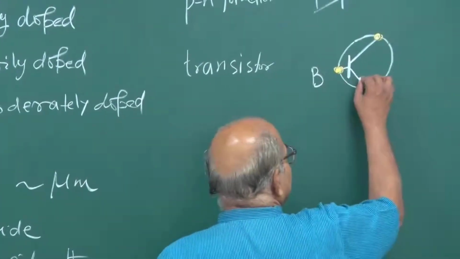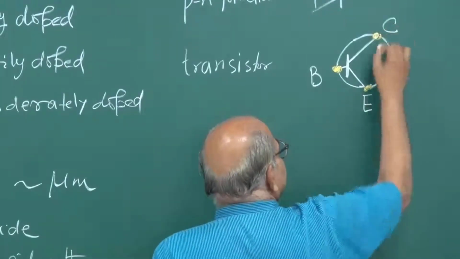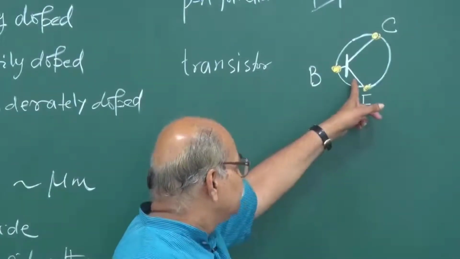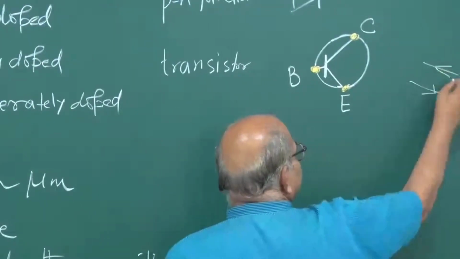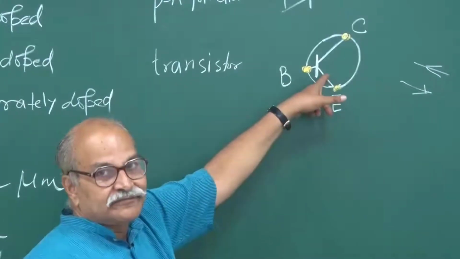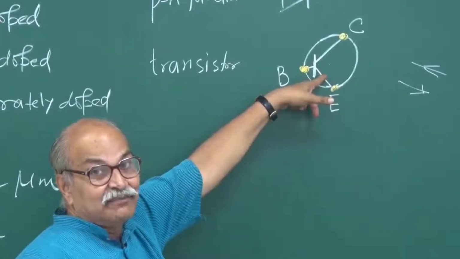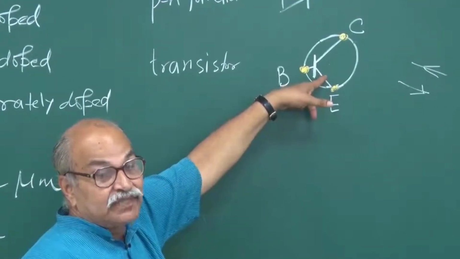If I put the arrow here, that means this is the emitter and this is the collector. Arrows can be put in two ways, and that decides whether it is the symbol for an NPN transistor or a PNP transistor.